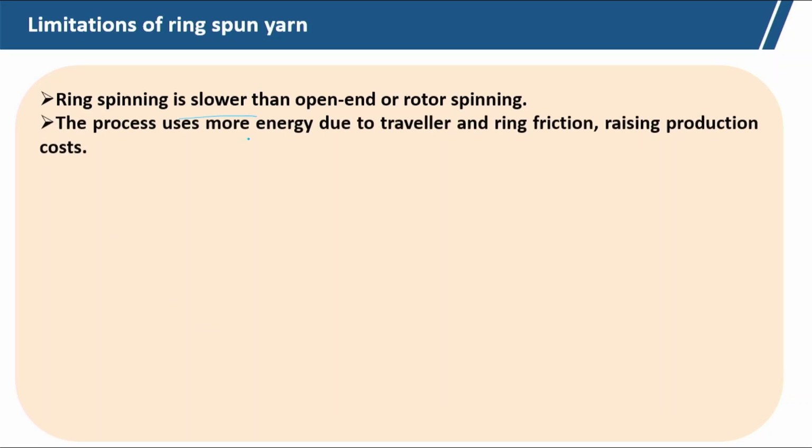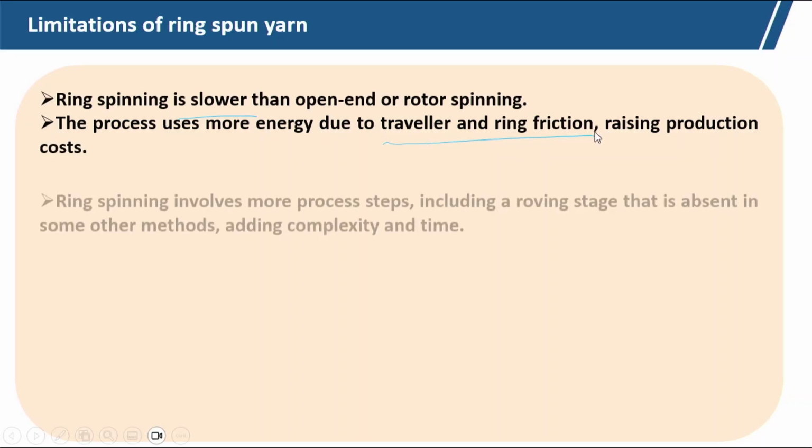More energy is used due to traveler and ring friction. So, ring spinning uses more energy, which is why production cost is high. Also, as I mentioned, in ring spinning we use an additional process, the roving frame, which adds to its cost.